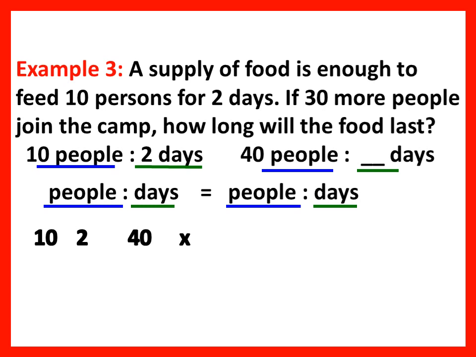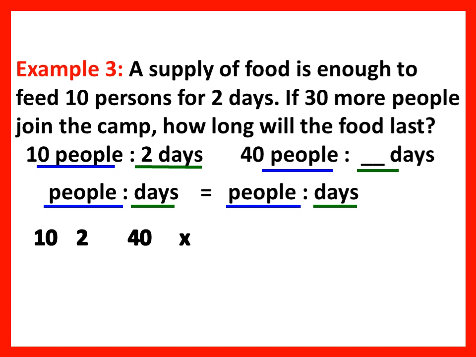So let us look at the trend of the numbers. So from 10, it becomes 40. So what is the trend from 10 becomes 40? Of course, it is increasing. Now, looking at the other variable, 2 becomes x.